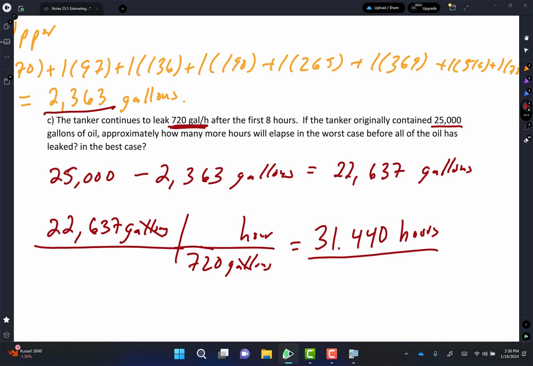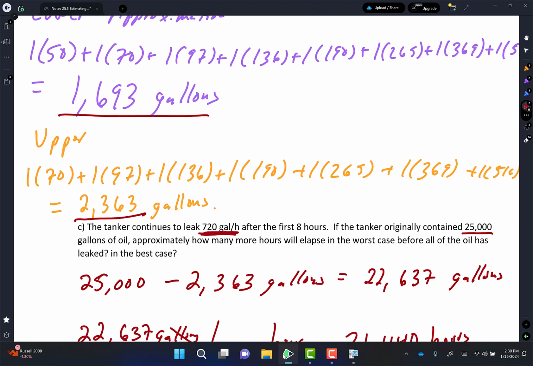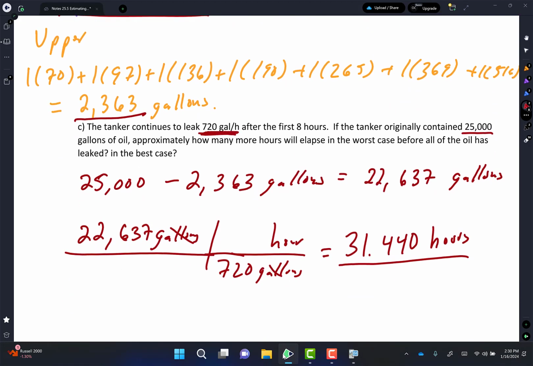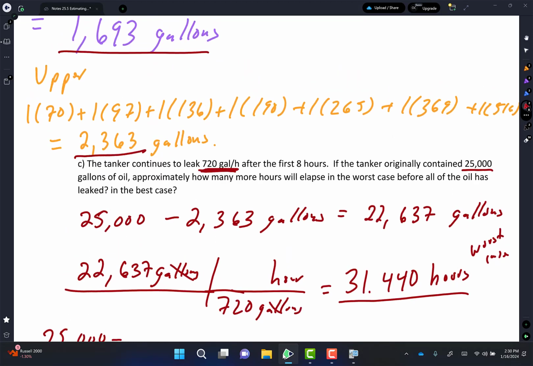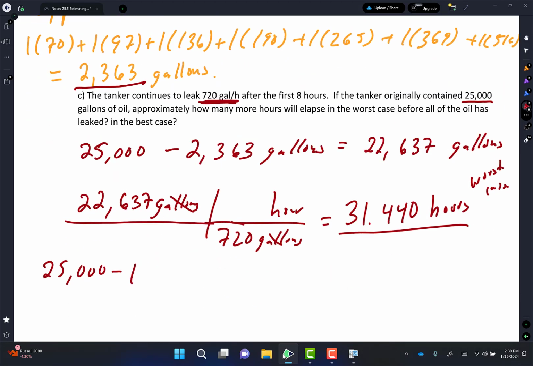Okay. All right. Now, assuming we're at the lower end, let's see how much time we're working with. So you're the engineer, right? This is worst case? Mm-hmm. So this one should be longer then. Take your 25,000 gallons, subtract 1,693.